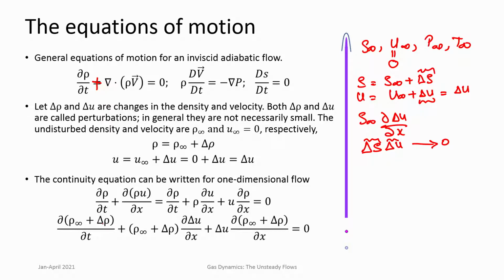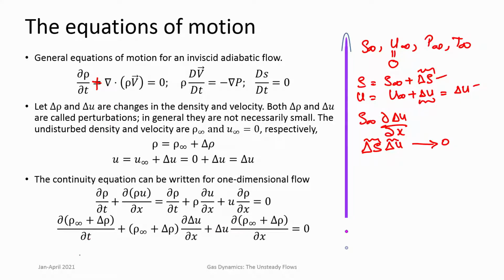We take the continuity equation ∂ρ/∂t plus ∂(ρu)/∂x. This can be written, using principles of differentiation, as ρ ∂u/∂x plus u ∂ρ/∂x. Now ρ is ρ∞ plus Δρ, and u is Δu. So we get these terms, directly by substituting these values into the equation, and now we can use these principles.